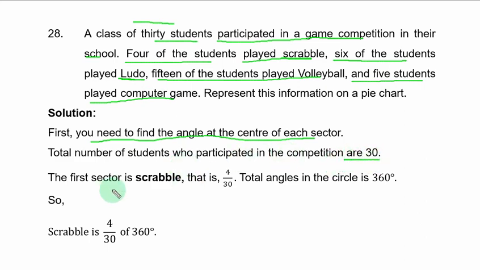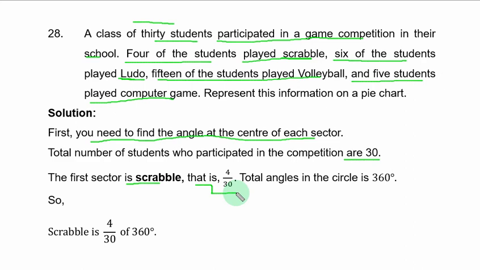The first sector is Scrabble, and that is 4/30. You have 30 students, and 4 played Scrabble. So the sector for Scrabble is 4 over 30.